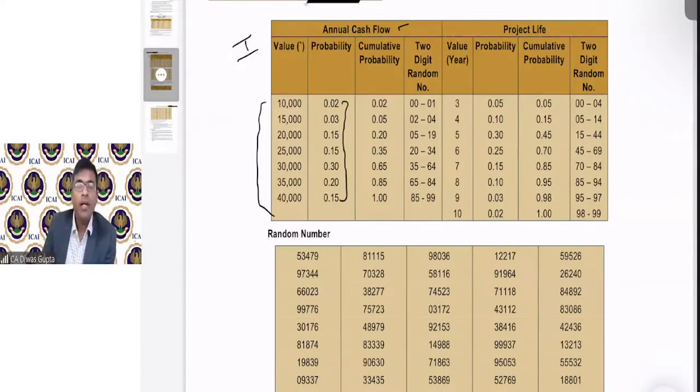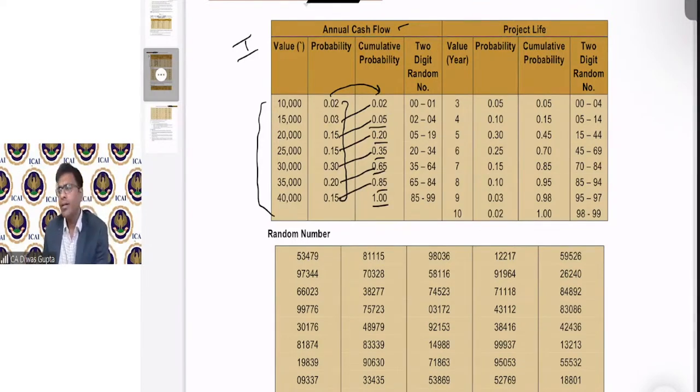Now we have calculated the cumulative probability. What is the cumulative probability? 2. Then 2 plus 3 is 5. Then 15 plus 5 is 20. Then 15 plus 20 is 35. Then 30 plus 35 is 65. 20 plus 65 is 85. Then 15 plus 85 is 100. I hope it is clear.